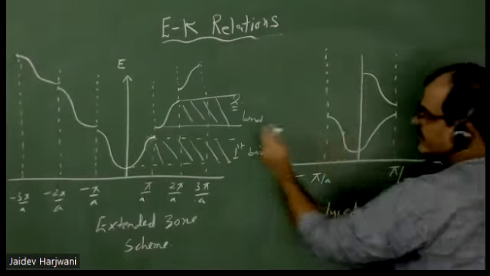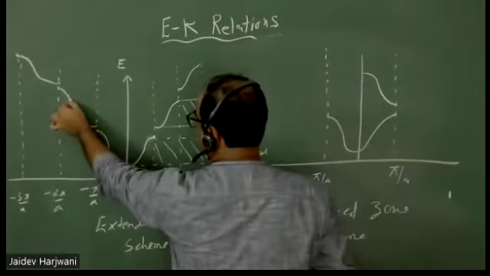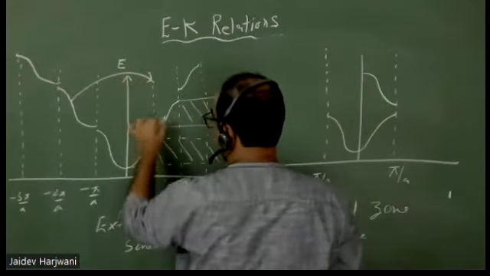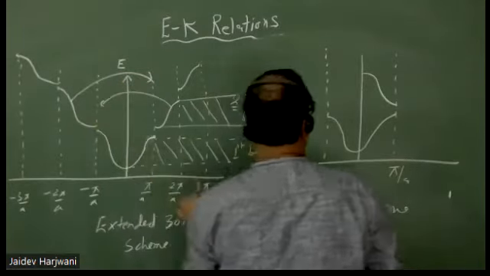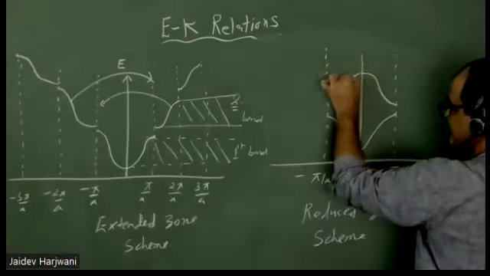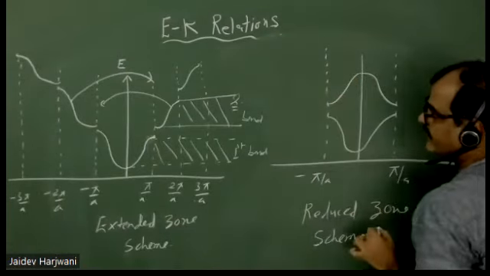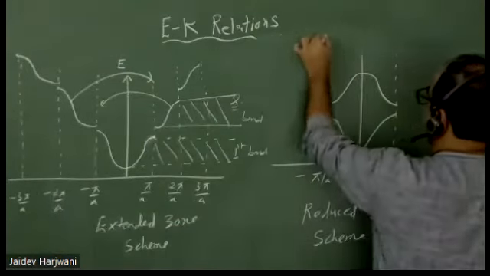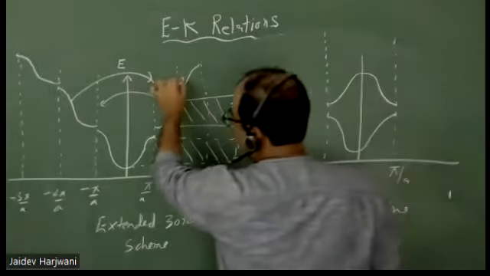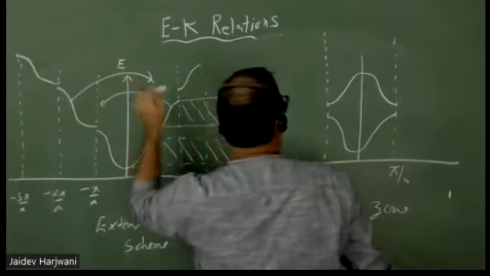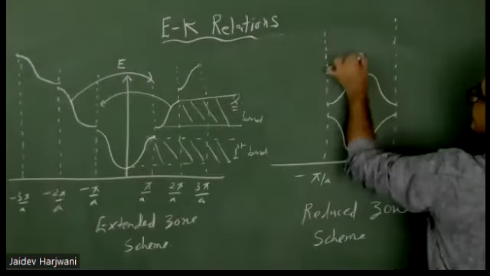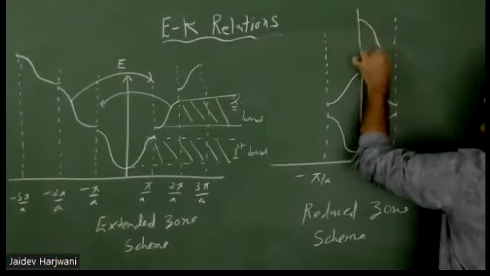Similarly, I'm translating this here, this arrow is showing here, and I'm translating this here. If I translate this one, it becomes this type of graph. Similarly, if I translate this curve here, it will become this type of graph.